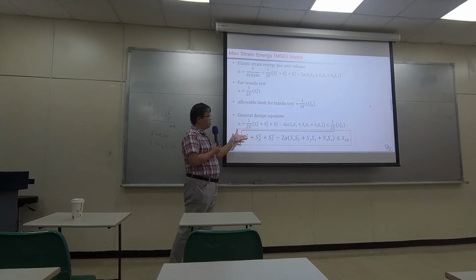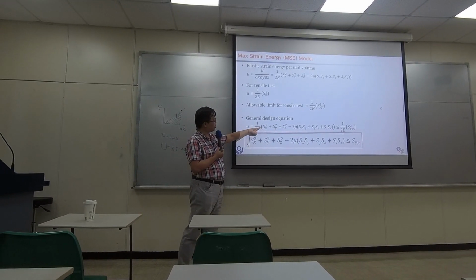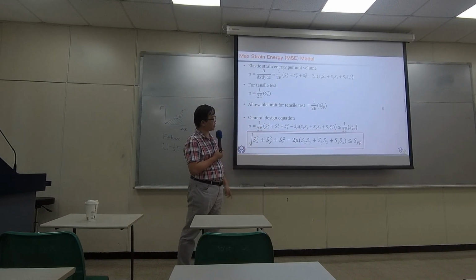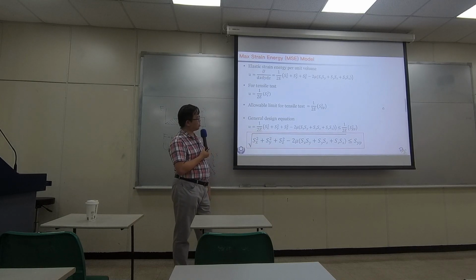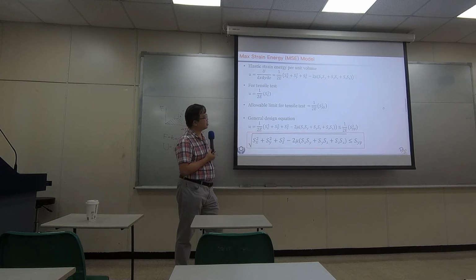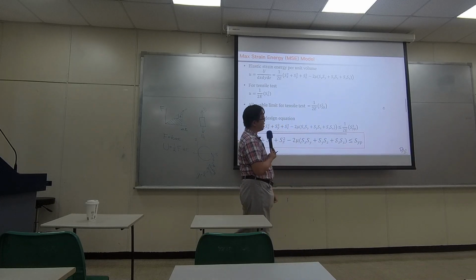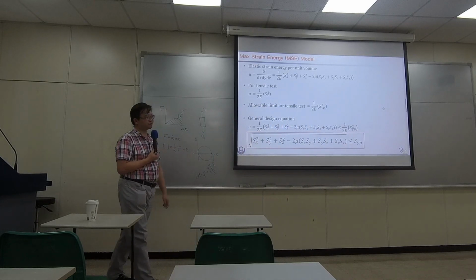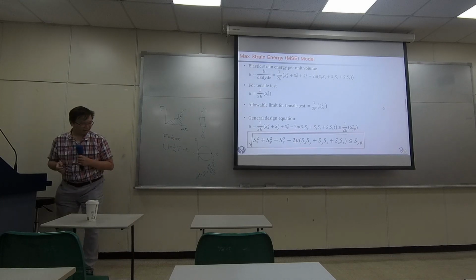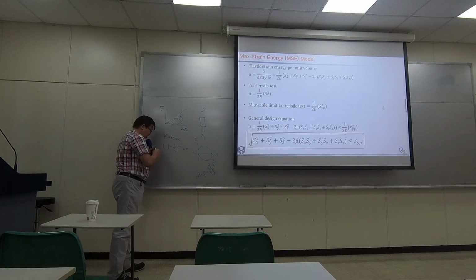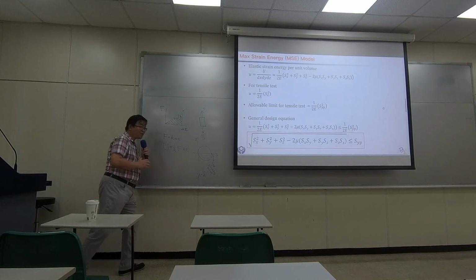And in this equation, we realize we can get rid of 2E from both sides. And we can take a square root. So on the right-hand side, we have SYP only. Okay. Now, any questions?